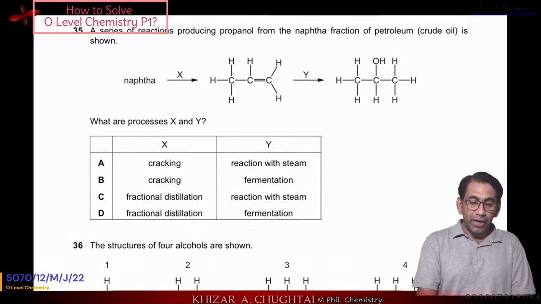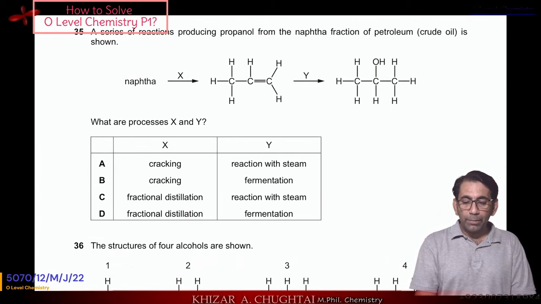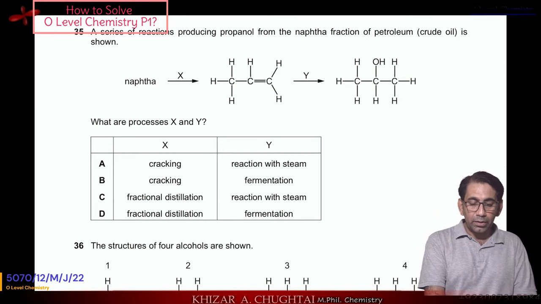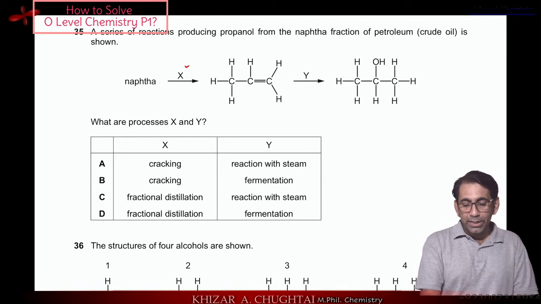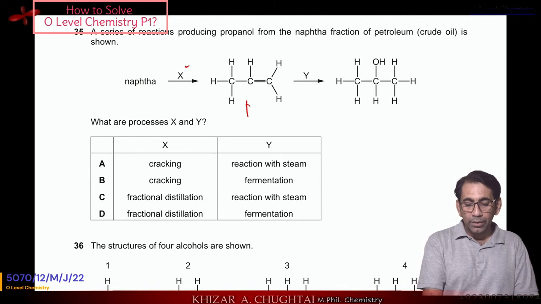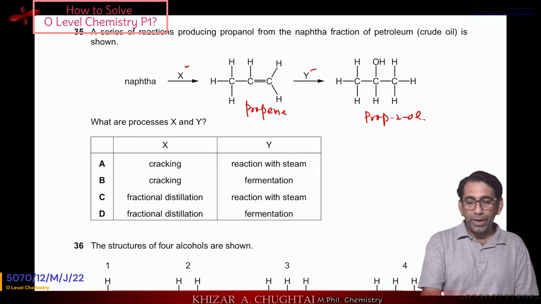Question number 35. A series of reactions producing propanol from naphtha fraction of petroleum, that is also called crude oil. Naphtha, then there is the process X, here is the formation of propene. Then Y is the process, and finally it's propanol.